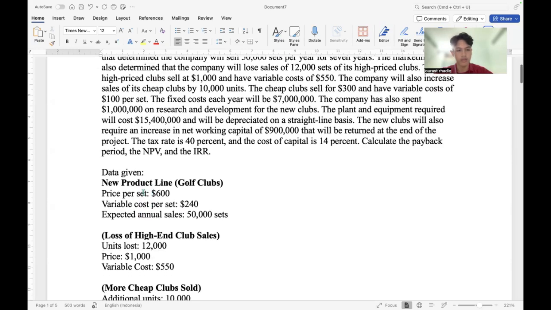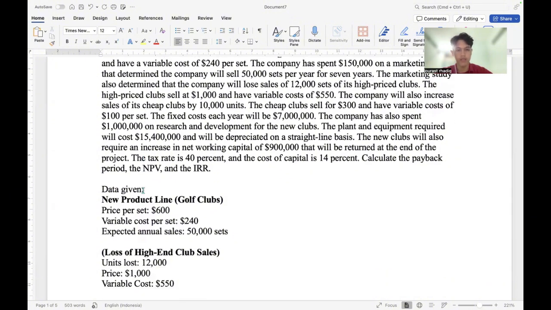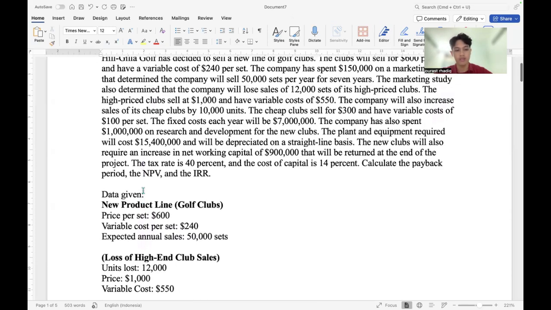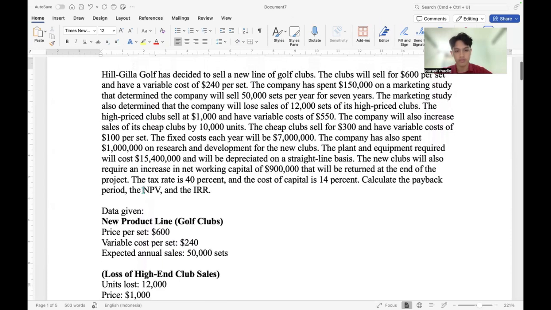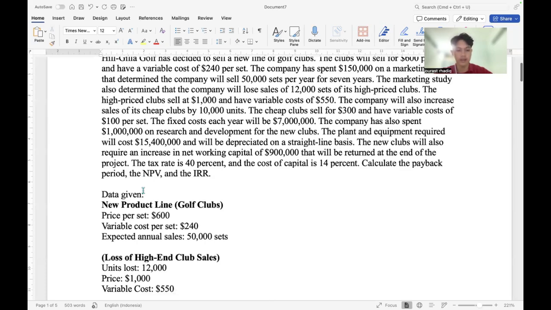They will sell at 600 per set, and their variable cost will be 240, and the expected annual sales that their marketing study determined is 50,000 sets.